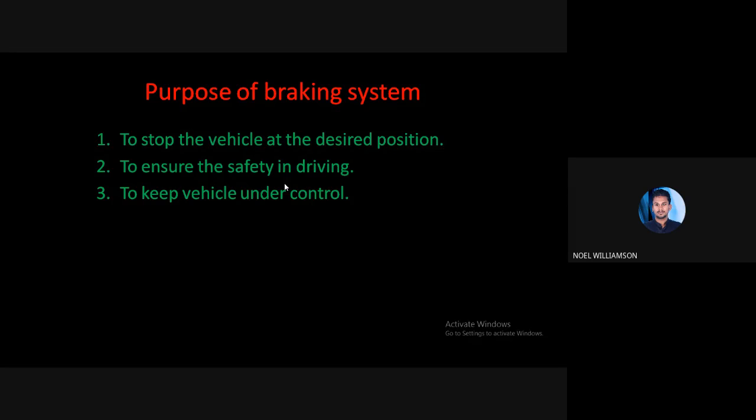This is the primary purpose of any braking system, whether it is hydraulic or air or hand operated or manual, anything. The primary purpose of the braking system is to stop the vehicle at the desired position, at the desired time. Next is to ensure safety in driving.